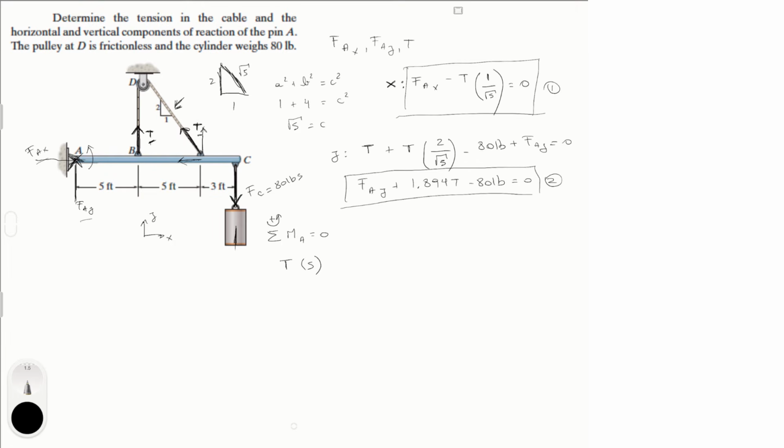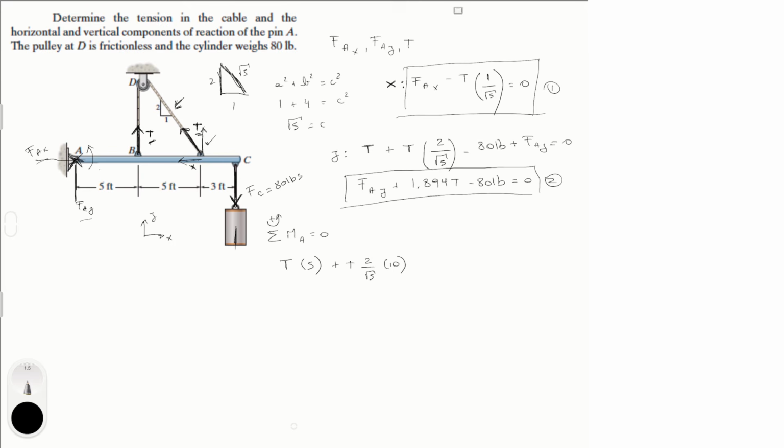The second one is the y component of the second T, because the x component is creating no moment, but the y component is. And that is equal to T times 2 over square root of 5, that's the y component of that tension, times the distance from A to the point where that tension is being applied, which is 5 plus 5, which is equal to 10.